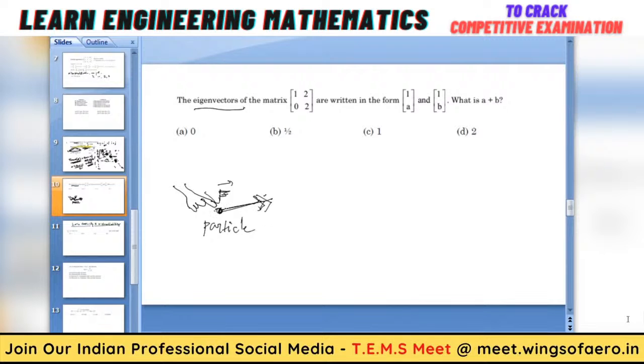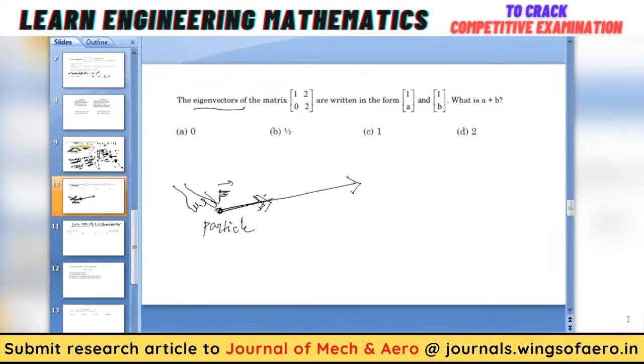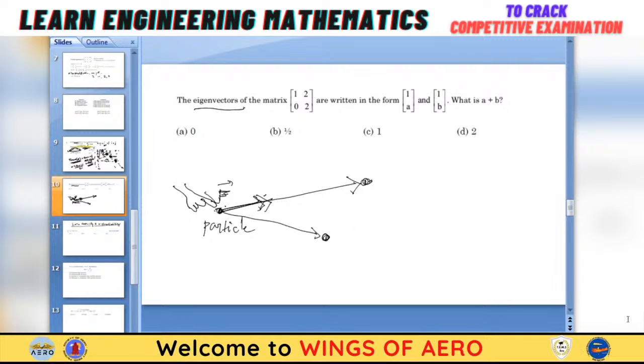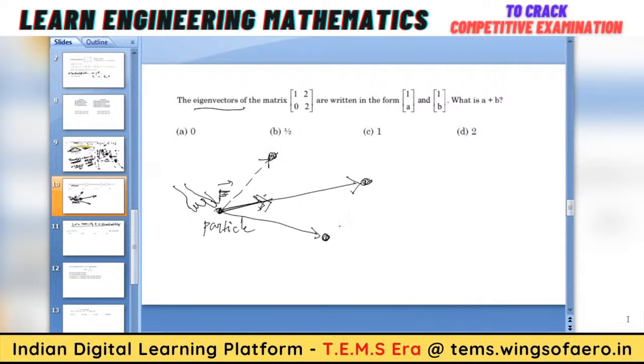So after applying the force, this particle may shift to here, or it may shift in any other direction, suppose here. So this is a new vector.